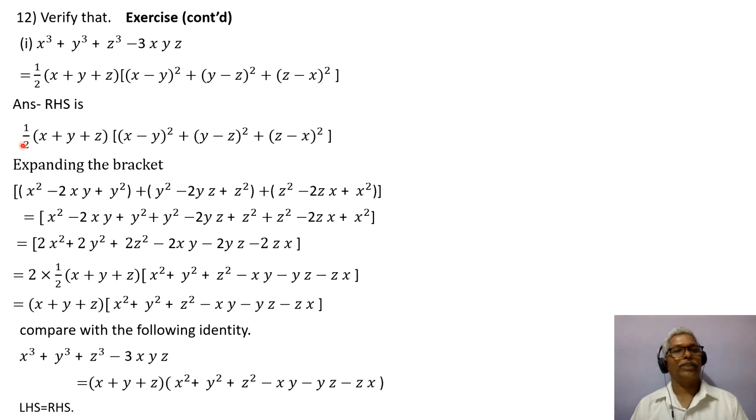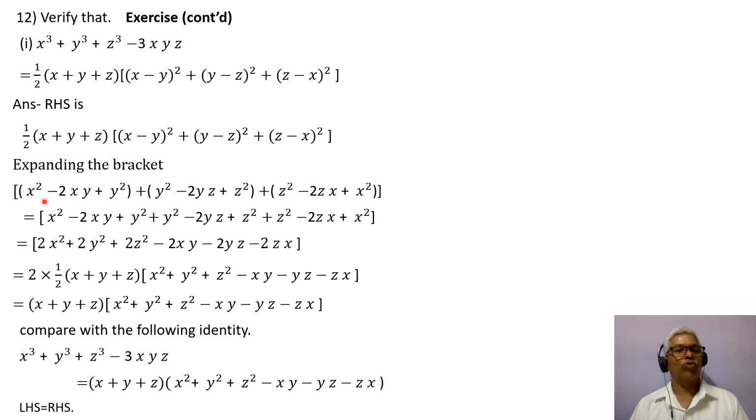So I am writing the whole right hand side as it is, and now only taking into consideration these three brackets. I am not taking this term at present, this will be taken care of at the end. So I'm expanding only these three brackets.